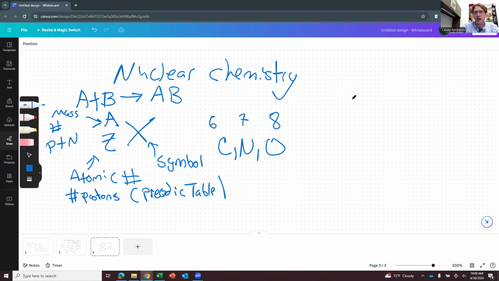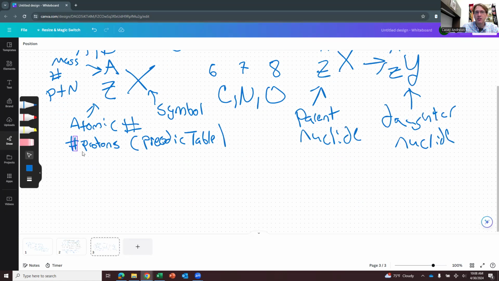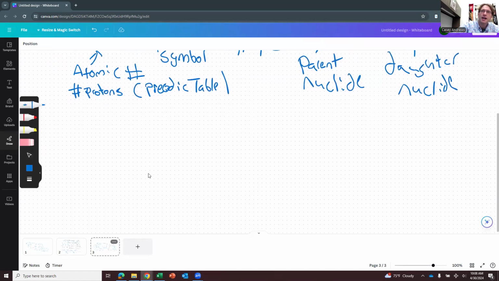And during a nuclear reaction, we call the atom that is our reactant the parent nuclide. We call the element that is our product the daughter nuclide. For nuclear chemistry, there's only a few reactions we need to know. So let's go over our new reactions.